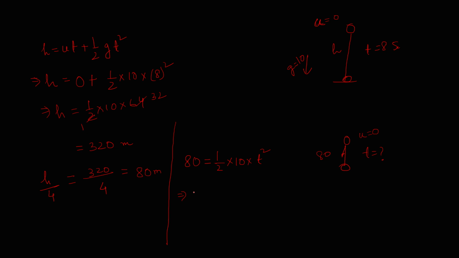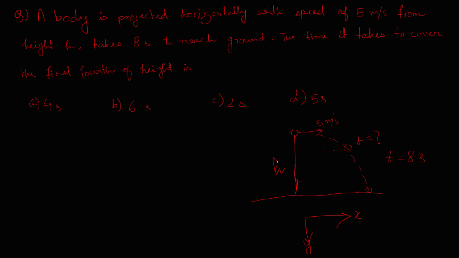So 80 into 2 divided by 10 is equal to t square. So the zero is cancelled. t square is equal to 16. So t is 4. So the time required to cover 1/4 of the distance is 4 seconds.